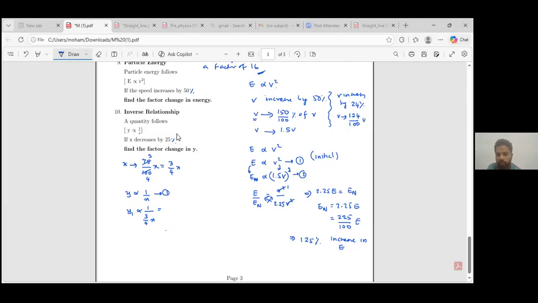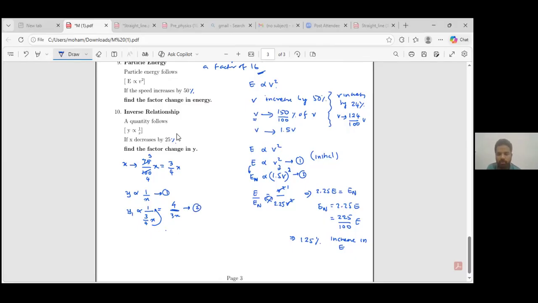You take 4 up and put 3 down. So it's 4 over 3x. The 4 goes up, 3 remains. So it's 4 over 3x.